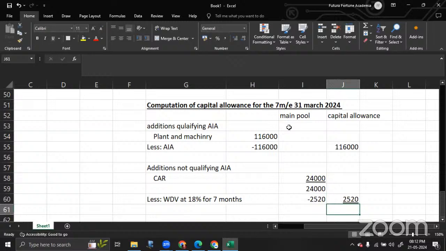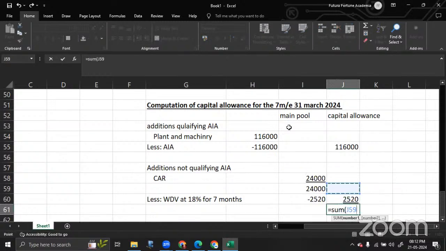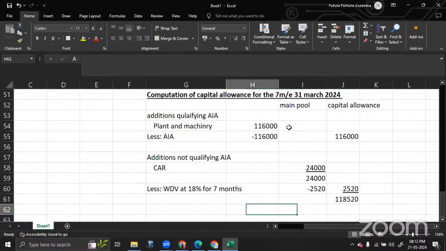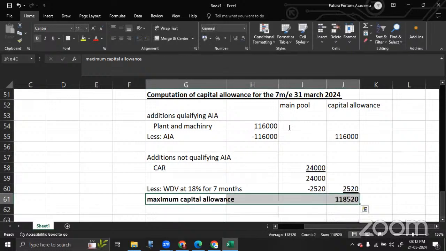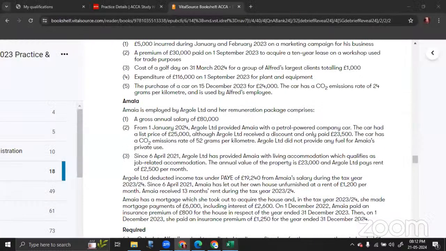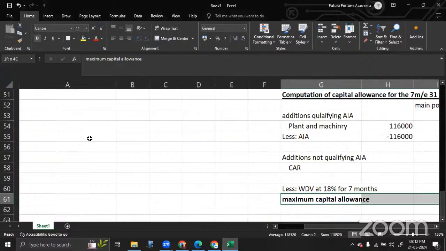So after making this deduction, you will calculate your maximum capital allowance. That is your maximum capital allowance, 1,520.